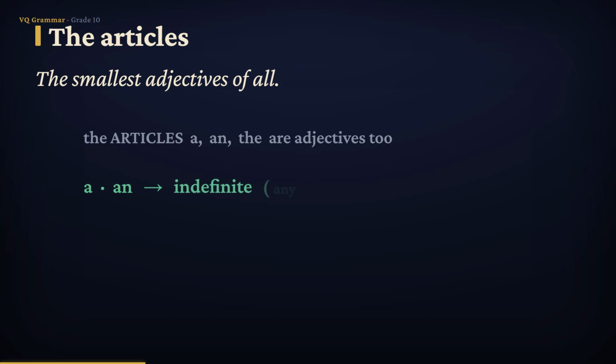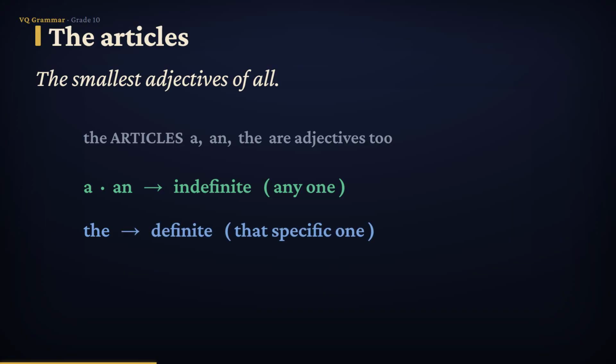A and an are called indefinite articles because they point to any one of a group. A hawk means any hawk at all. The is the definite article because it points to one specific thing we already have in mind. The hawk, that one, the one we were watching. Put them together and you get this. A hawk circled above the frozen field.